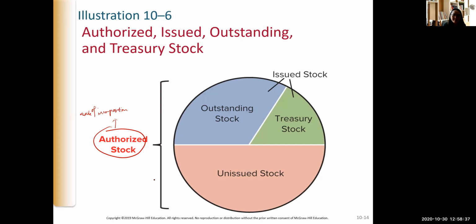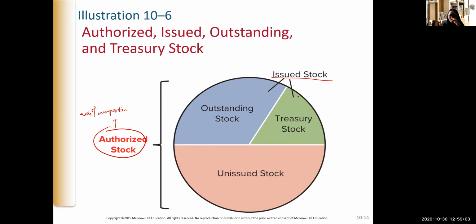Okay, and of this many stocks, not every stock is actually issued. There is a portion of the stock that you keep to yourself and do not issue, and the issued stock is the number of shares that has been sold to the investors. A company does not usually sell every share they authorized.